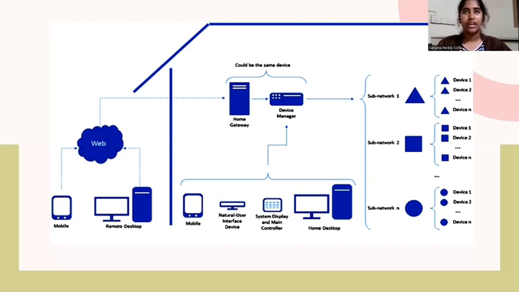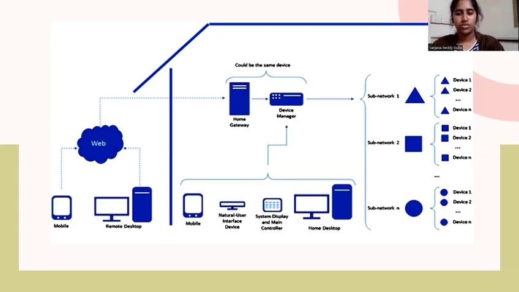For example, if you consider an air conditioner, you don't need to carry your remote everywhere. It is all accessible via your phone, and all you need to do is install an app for that. This is not a full explanation, just a view of how it works, a basic idea of the smart home system.